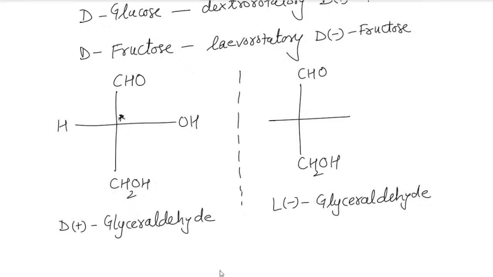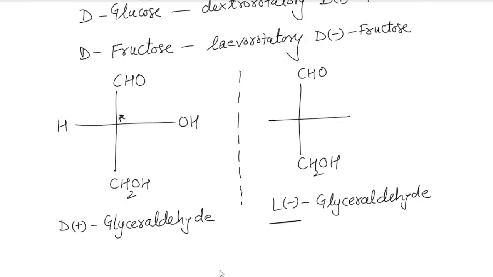So, all the compounds which can be chemically correlated to the plus isomer of glyceraldehyde are assigned D configuration, and all those compounds which can be correlated to the minus isomer of glyceraldehyde are assigned L configuration. Okay.